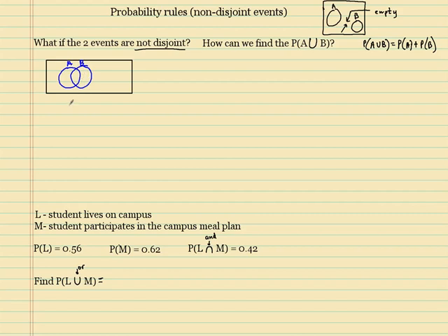Now I want to find the probability of A happening or B happening. Really pay attention, because or means it could be anything inside these.